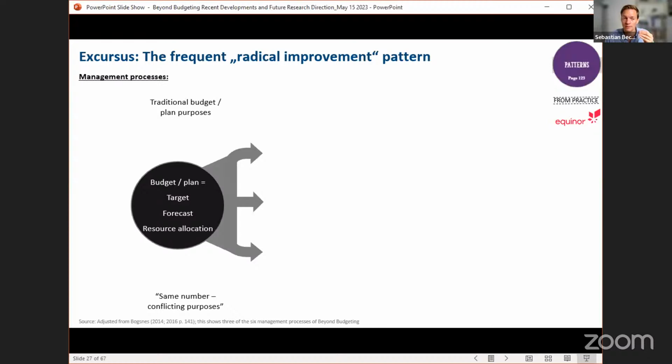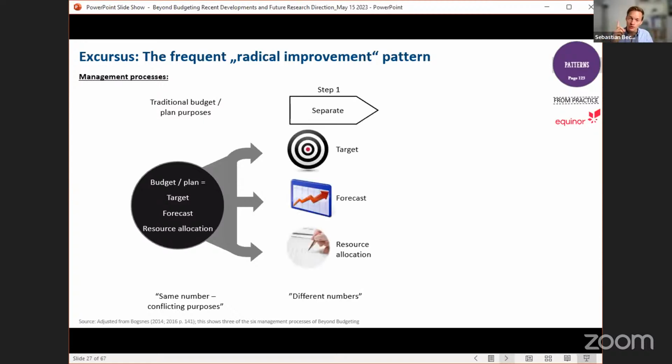So in Equinor, they said our way to unlock beyond budgeting, to start this implementation, is to separate these functions or purposes of the budget and have not one process in one, but three separate processes. We're going to have a process in which we figure out what our targets are. Then we have one process, which is our forecast.